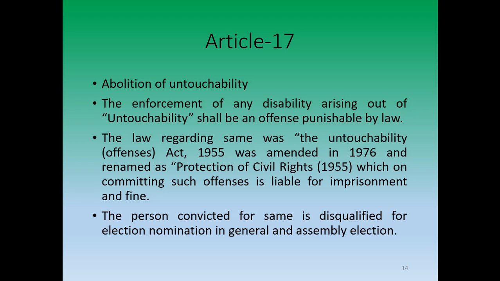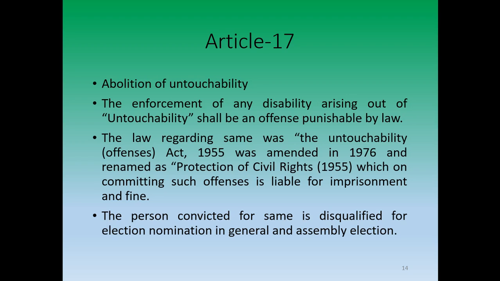The 1955 Act prescribes the punishment for untouchability and other practices connected with it. The word untouchability has not been defined either under Article 17 or the Protection of Civil Rights Act, 1955. The term has not been used in the article in its literal or grammatical sense. It actually refers to the social disabilities historically imposed on certain classes of people by reason of their birth in a certain caste, and would not include social boycott by reason of the conduct of certain persons.